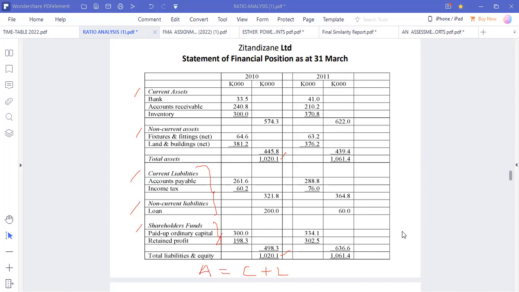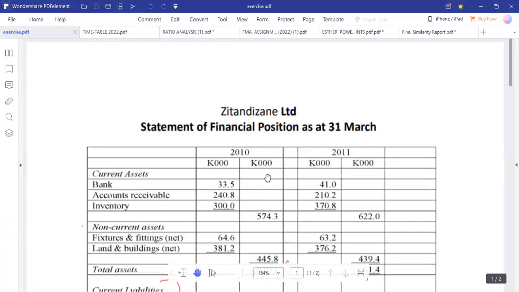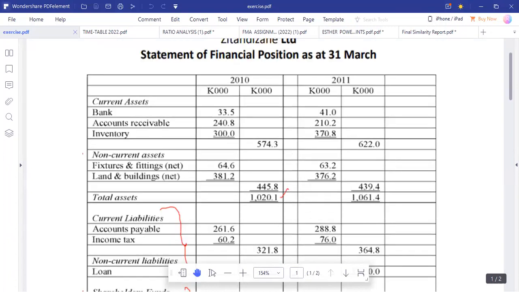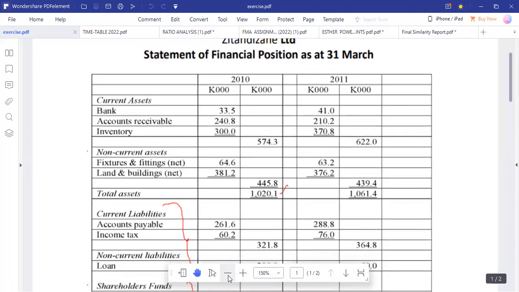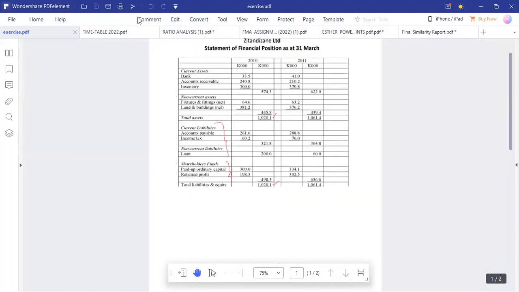Okay, so under current ratio, we need to identify from the previous statement which ones we are picking. For the current ratio, you've told me already the formula. Current ratio is equal to current assets over current liabilities.